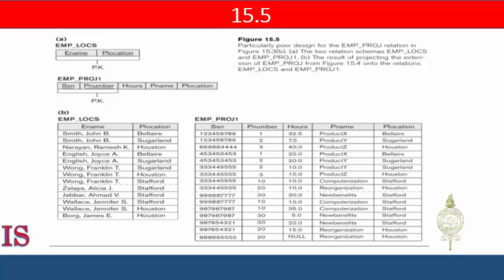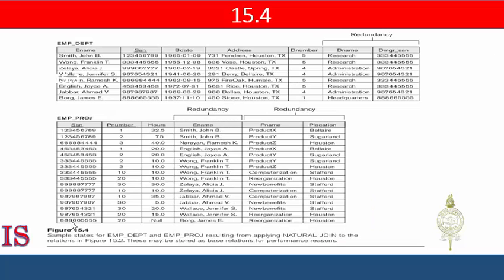If we attempt a natural join between EMP_PROJ1 and EMP_LOCS, these two here, the result produces many more tuples than the original set of tuples in EMP_PROJ, as shown here.